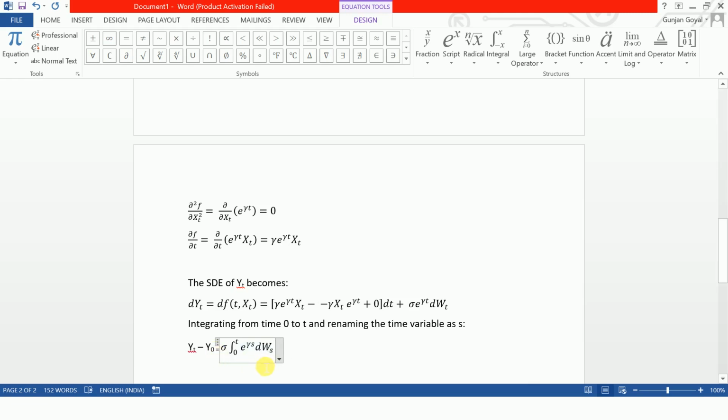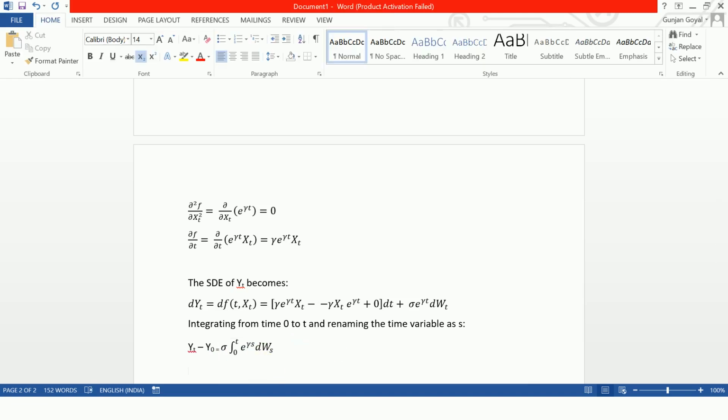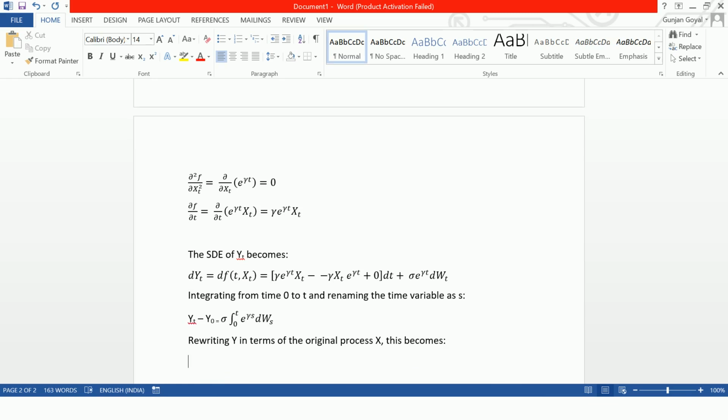So this is your equation, and then you rewrite the values of the original process. So now we'll write, rewriting Y in terms of the original process X, this becomes e to the power gamma t xt minus, now we'll just put the values.